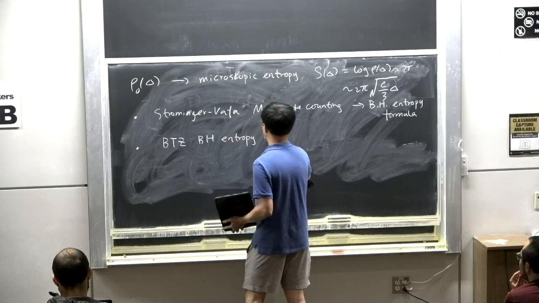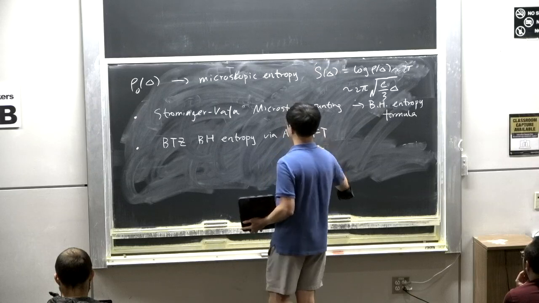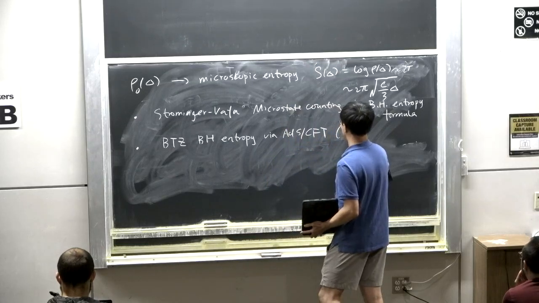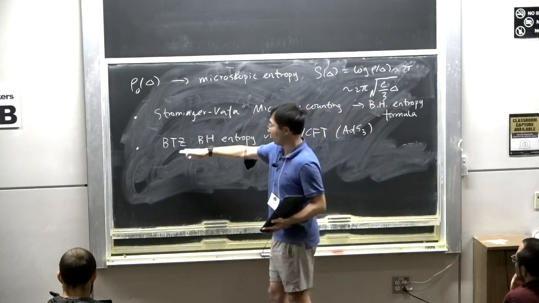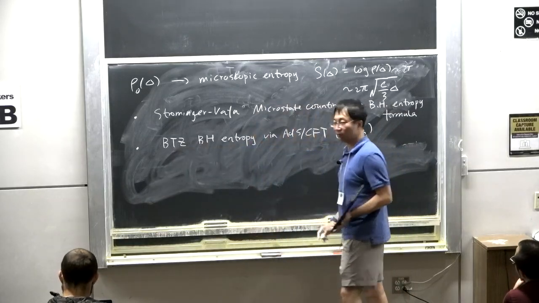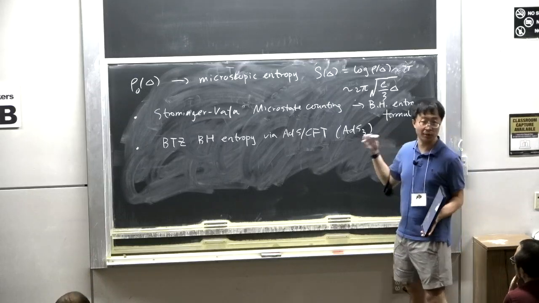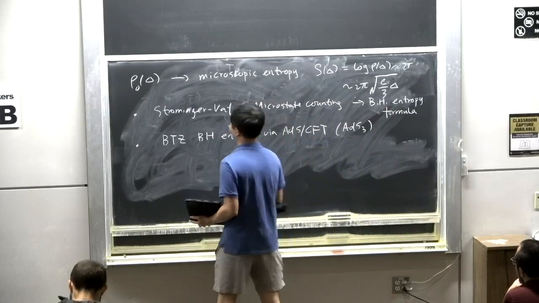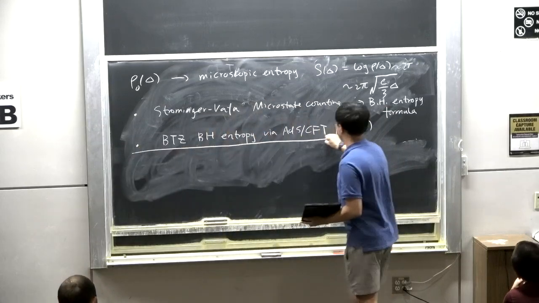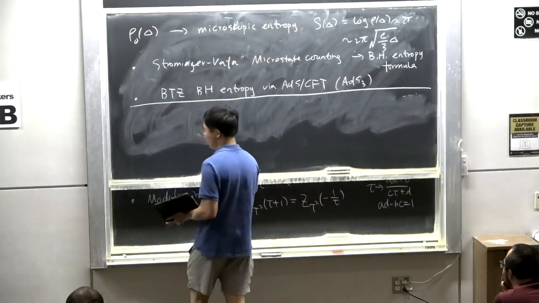This is via AdS/CFT, in particular the AdS3 case, where the microstates that account for the black hole entropy for the BTZ black hole correspond to heavy operators in the 2-dimensional CFT on the boundary. So this completes this very brief but very important application of modular invariance of 2-dimensional CFT.